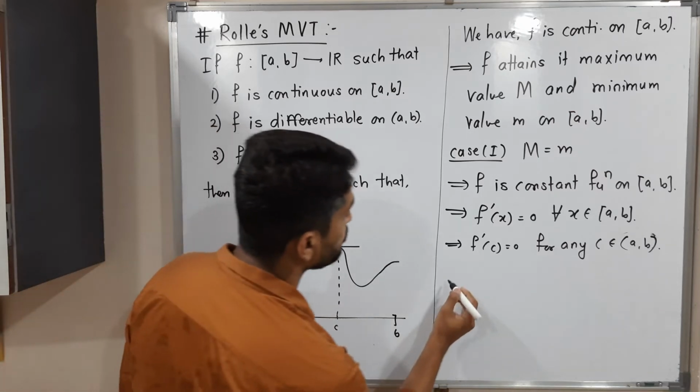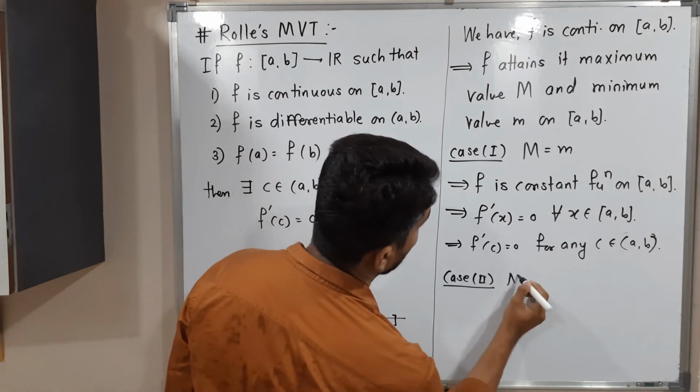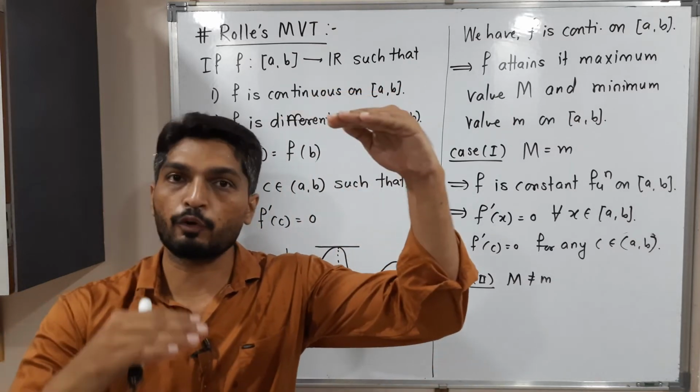Case number 2. Case number 2 is capital M is not equal to small m. That means the maximum value is different from the minimum value.